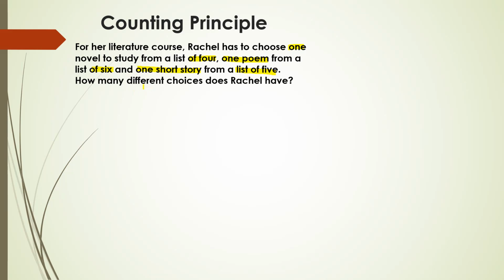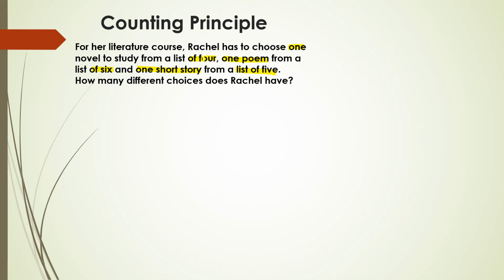You may have different choices. How many different choices does Rachel have? Well, because she only has to pick 1 of each of these. She can't pick 2 poems, so there's no repeats allowed. Okay, so by the fundamental principle here, she can choose 1 of 4.